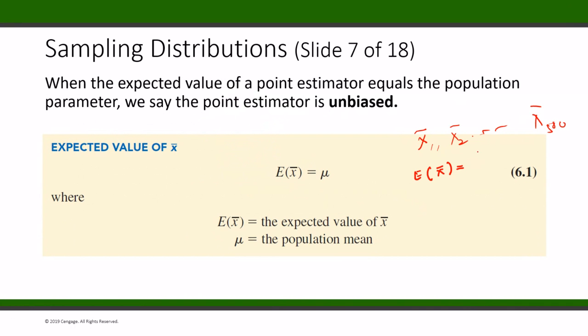We summed all of them and divided by 500. The number we get here is equal to the population mean. When we were taking different X bars, we were getting slightly different answers from the population mean, but when I average all of them, I get the actual population mean.